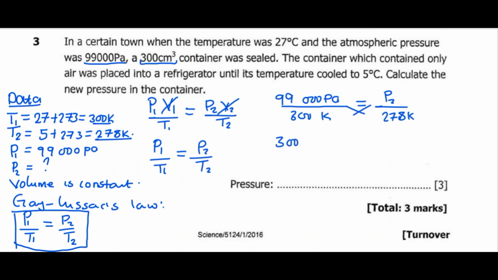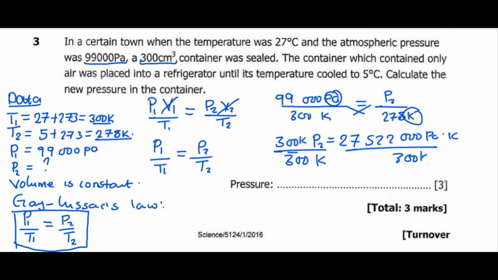Then we cross multiply. We have 300 K times pressure 2 is equal to 99,000 times 278. I'm getting 27,522,000 Pascal times K. So you divide by 300 Kelvin on both sides.